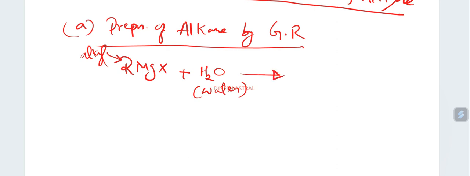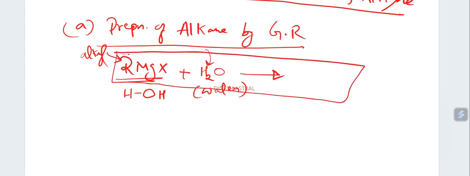In the exam, whenever you encounter Grignard reagent and a compound that contains active hydrogen like water, the hydrogen that is bonded to an electronegative element, you write down in this manner in the rough, in the main answer script, the one I've mentioned here within this box.